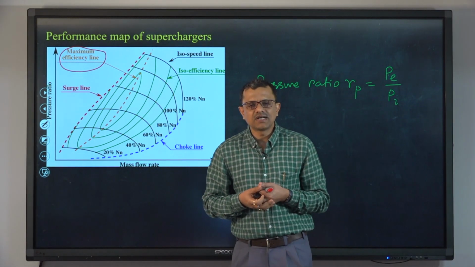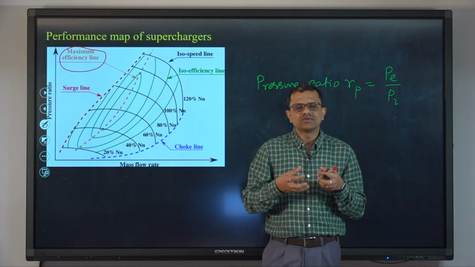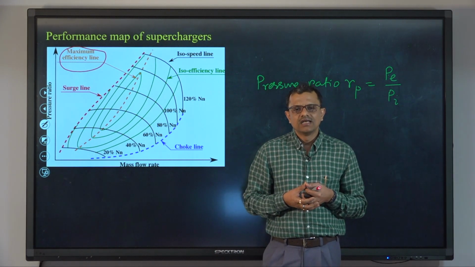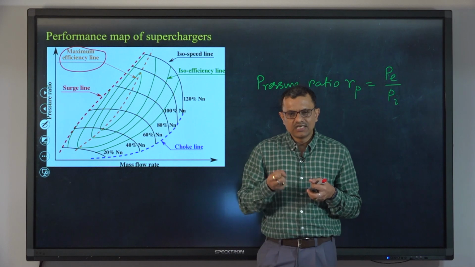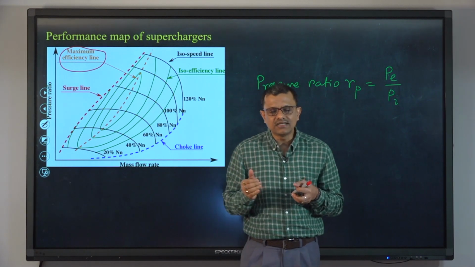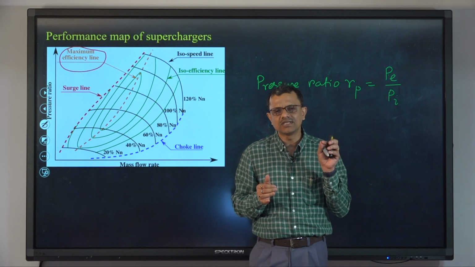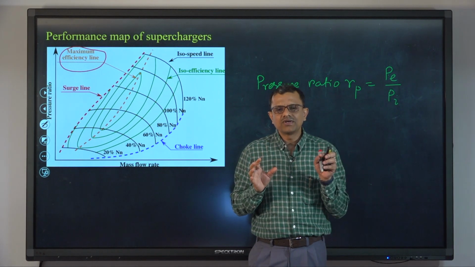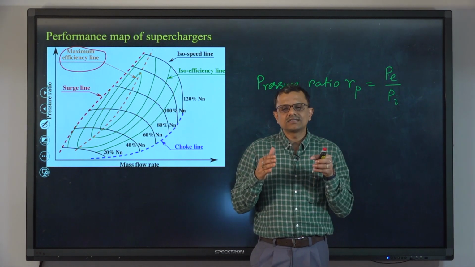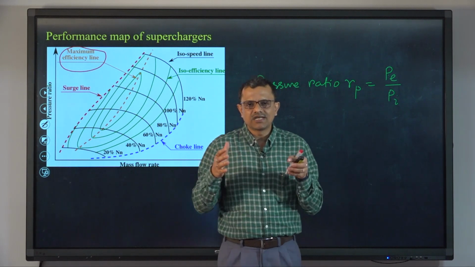We have studied that in a convergent divergent nozzle, if we decrease the pressure at the exit, that information should reach the inlet of the nozzle to increase the mass flow rate, because flow rate is dependent on the pressure drop.